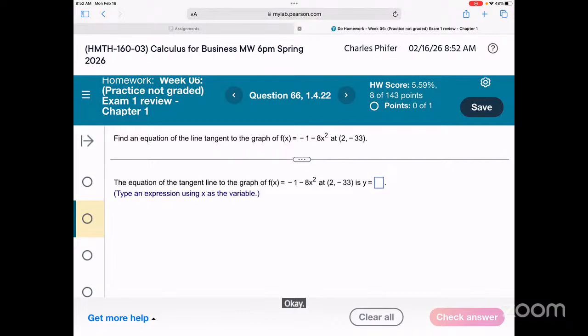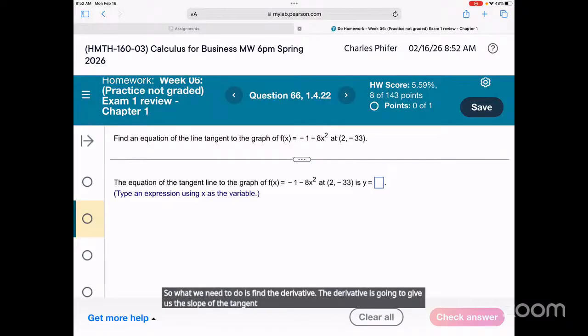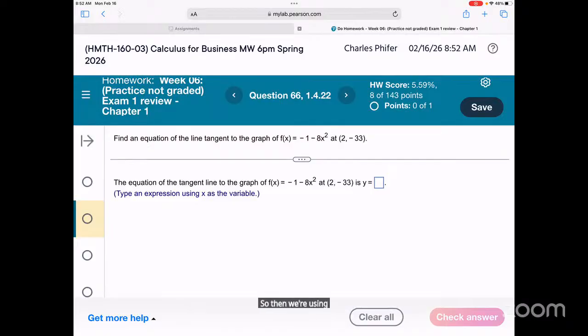Let's see. Finding the equation of the line tangent to the graph at this point. So what we need to do is find a derivative. The derivative is going to give us the slope of the tangent line. Then we use the slope and the given point to find the equation of the line. Okay, so let's take some notes.